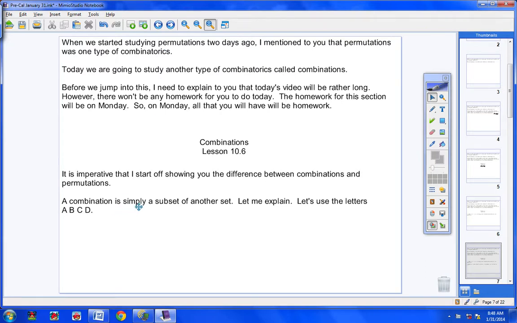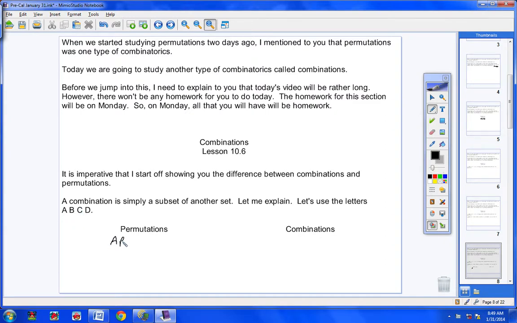A combination is simply a subset of another set. Let me explain. Copy this down. Let's use the letters A, B, C, and D. Now, if I asked you how many permutations in groups of 2 that you could get out of this set, you should know how to do it.